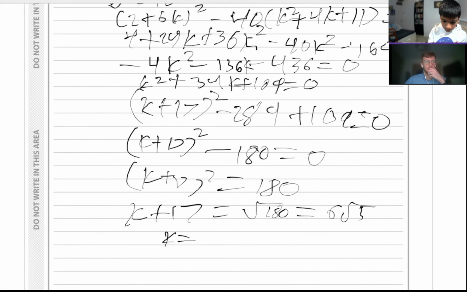Okay, it's plus or minus. Good, well done, good spot. It's negative 17 plus or minus 6 root 5. Excellent. That is correct. Well done.